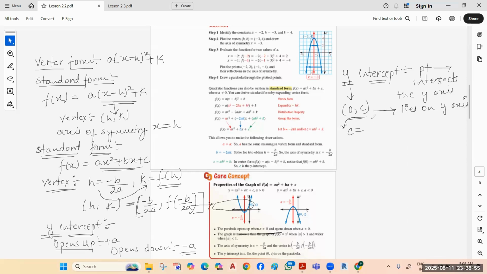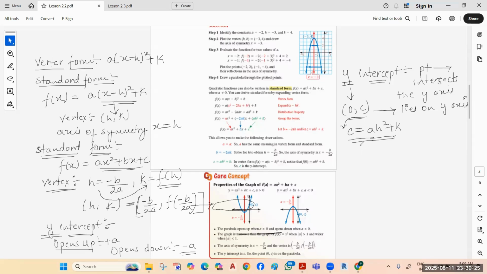The y-intercept. Okay, but how will you find it out, Pranav? Without the graph, how is Pranav going to find out the y-intercept? He is going to substitute x as 0 there, right?